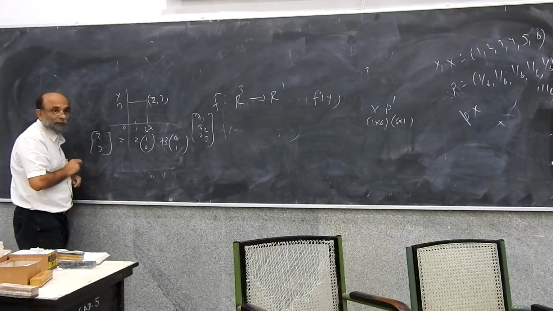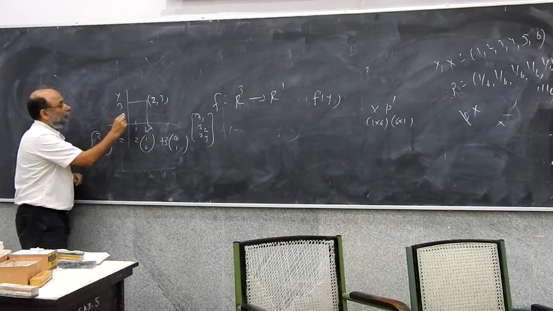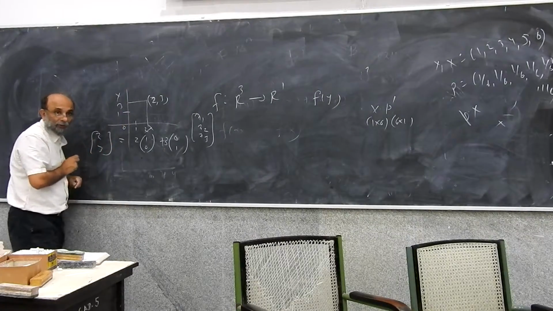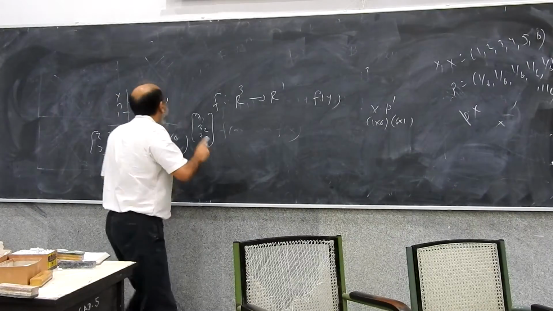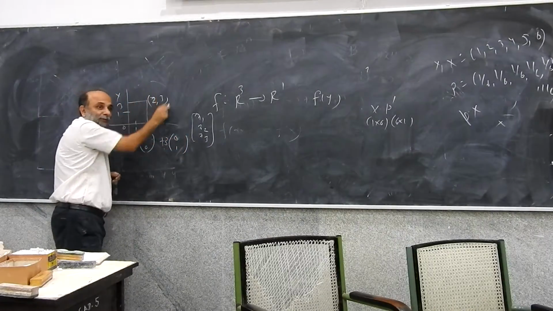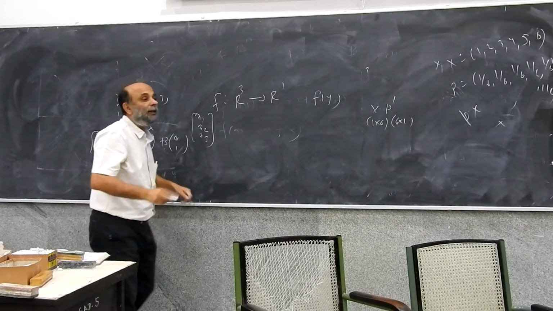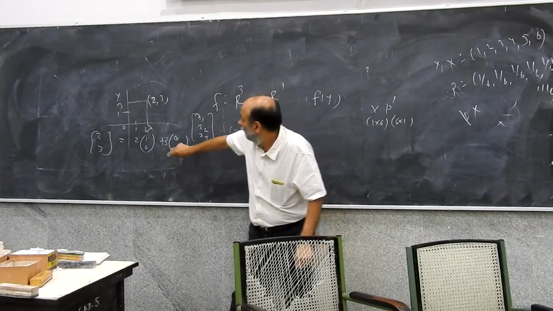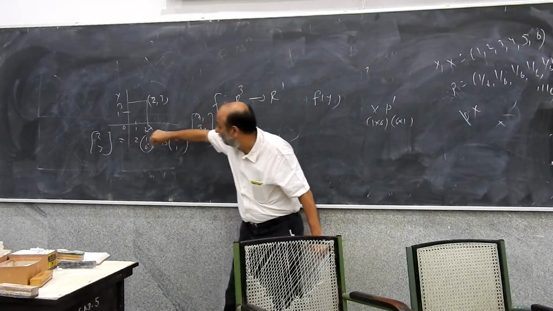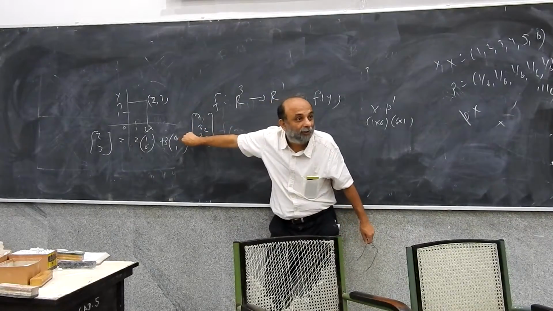What is the vector 0, 1? So the point is, every vector in this space can be represented as this vector into some constant plus this vector into some constant.